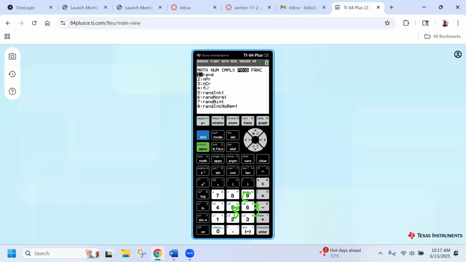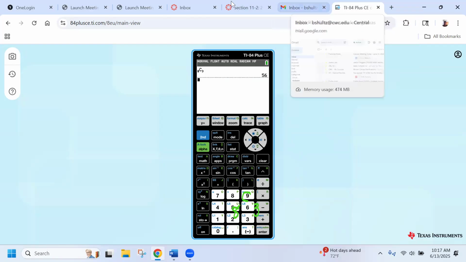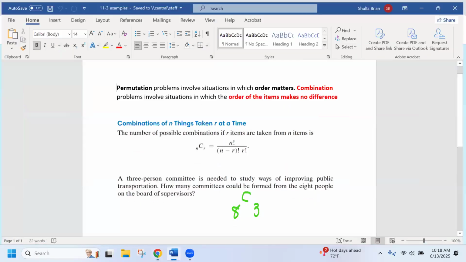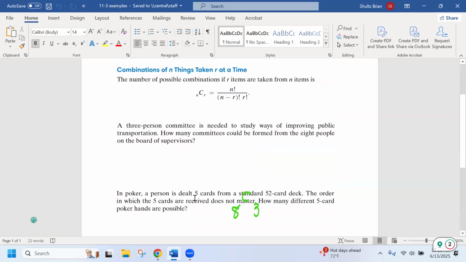So I'm going to choose choice number 3, or down arrow to that. And I get my N is 8 and 3, enter. So there are 56 ways to make a committee of 3 out of all of those 8 people. Very, very simple, very straightforward.